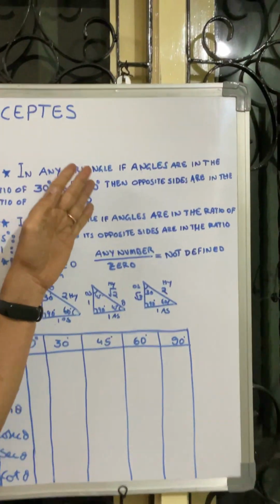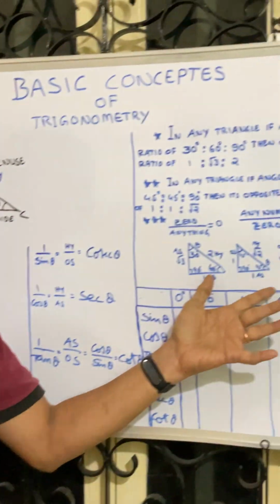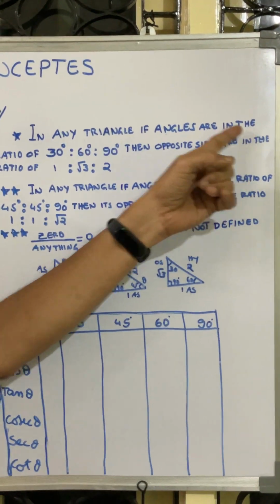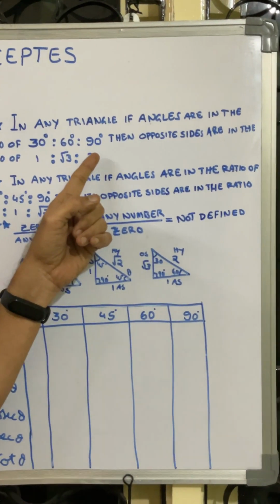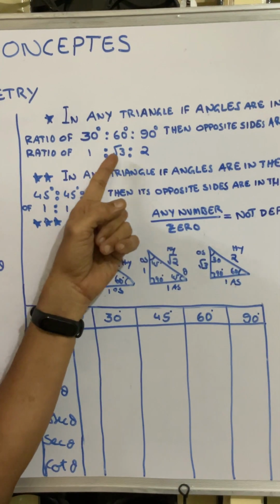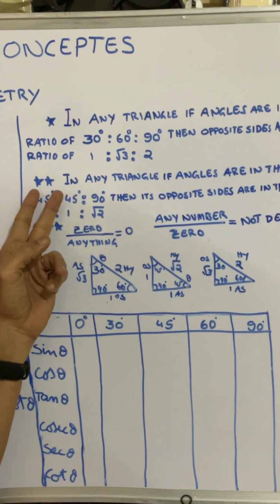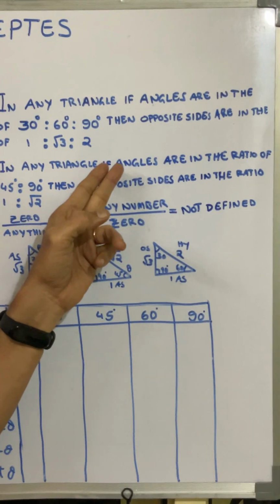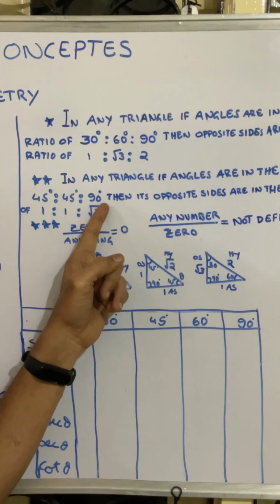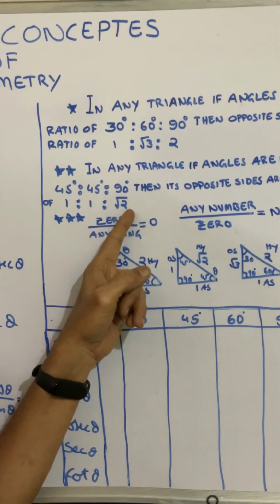If you come to the second phase, this is our previous knowledge. In any triangle, if angles are in the ratio of 30:60:90, then the opposite sides are in the ratio of 1:√3:2. Second point, in any triangle, if the angles are in the ratio of 45:45:90, then the opposite sides are in the ratio of 1:1:√2.